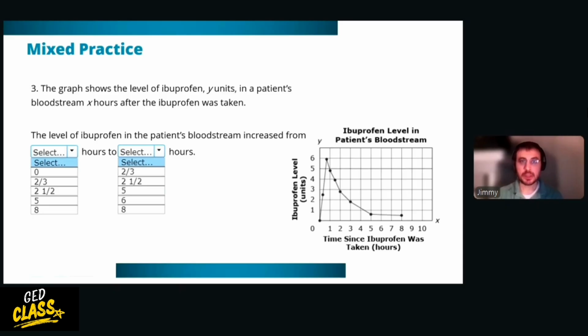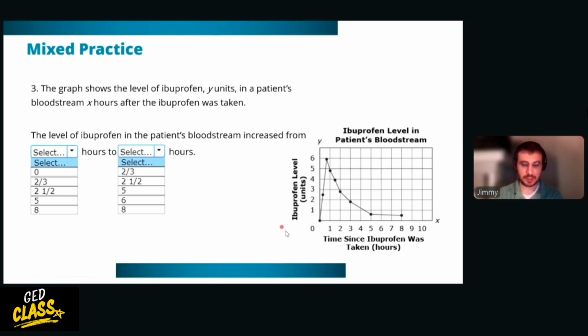All right, so for this question, the focus is really on hours for both of our answers here. Reading for context, we learned that this graph shows the level of ibuprofen, some number of Y units in a patient's bloodstream, X hours after the ibuprofen was taken. So the focus in this statement that we're supposed to fill in the blanks for is: the level of ibuprofen in the patient's bloodstream increased from which hour to which other hour?